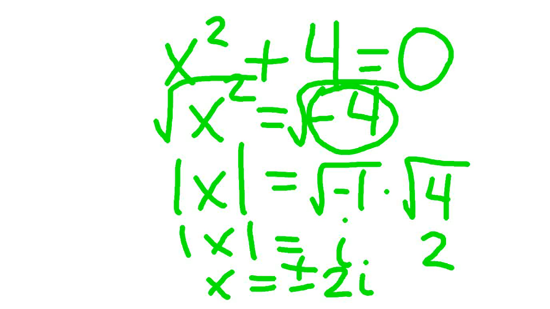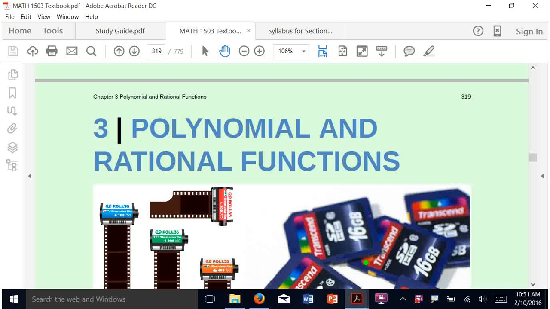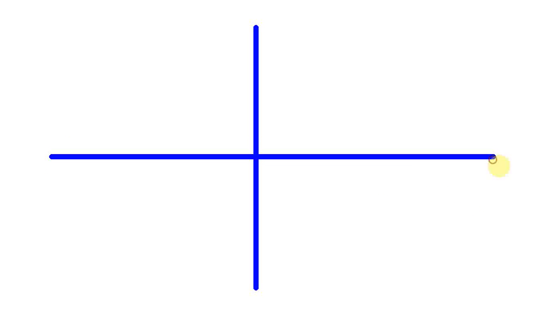You can see from a graph why we don't have real number solutions. This is our y, and this is our x. So how would the graph of y equals x squared look?